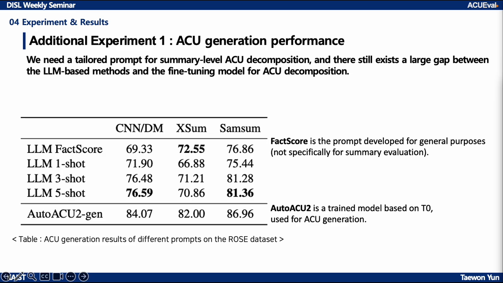First, they report the loose score between model-generated ACUs and humans. They observed that their customized prompt generates more human-like ACUs compared to previous ones. But it still does not reach the performance of a fine-tuned, non-LLM like AutoACU.